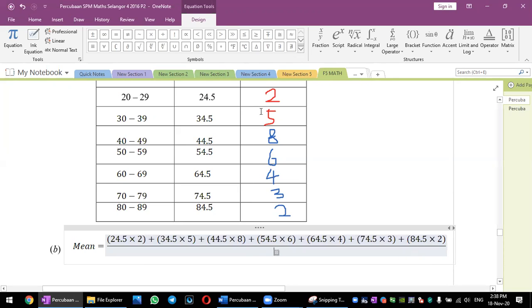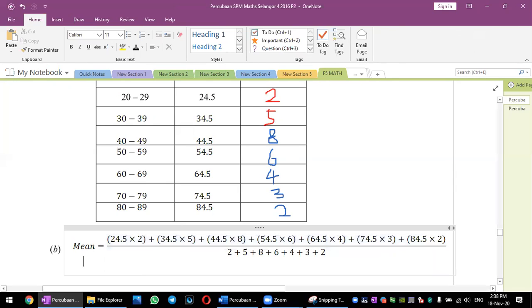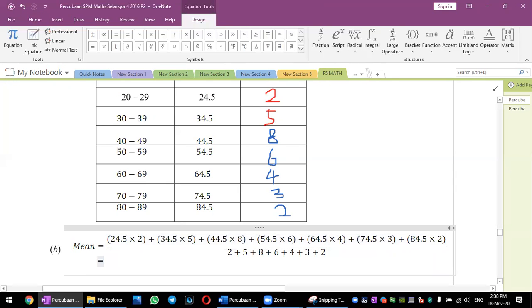Then over by the total frequency. So 2 plus 5 plus 8 plus 6 plus 4 plus 3 plus 2. Then baru kamu boleh kira. Kirakan yang atas dulu.